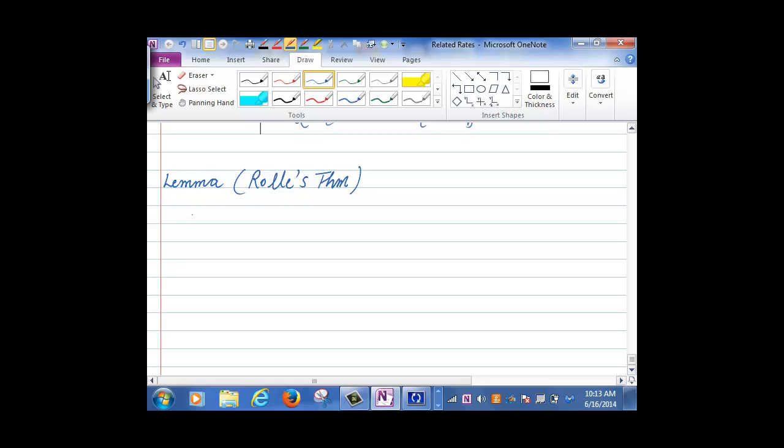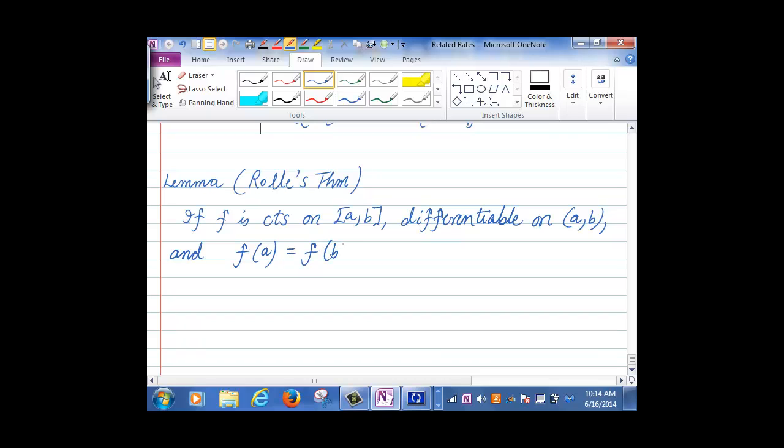If f is continuous on a to b, differentiable on this interval, and if f of a is the same as f of b, then f prime of c must be 0 for some c in the interval from a to b. Is that making sense?